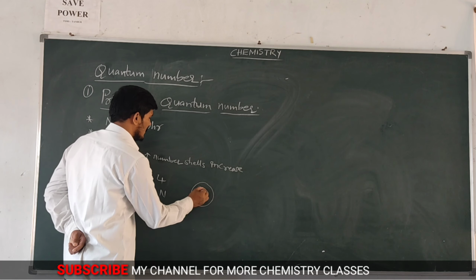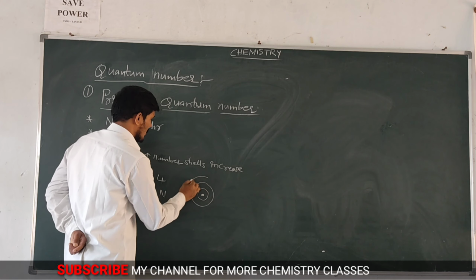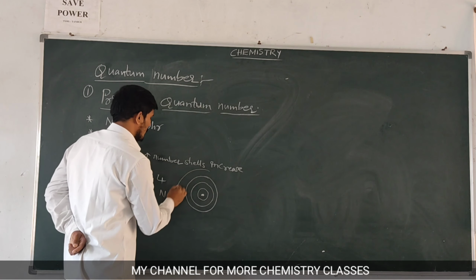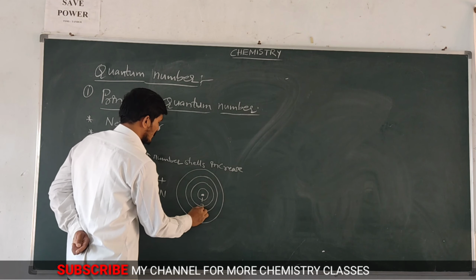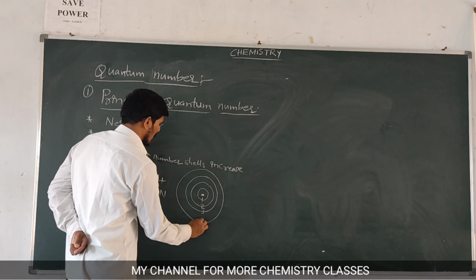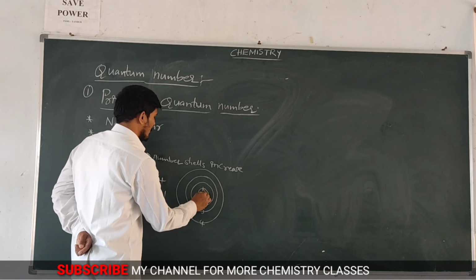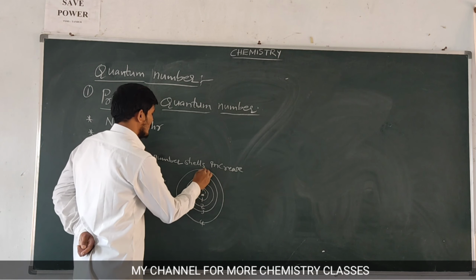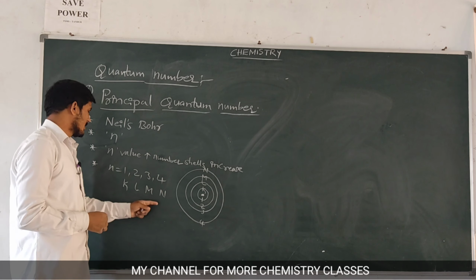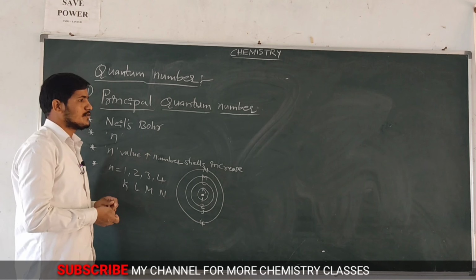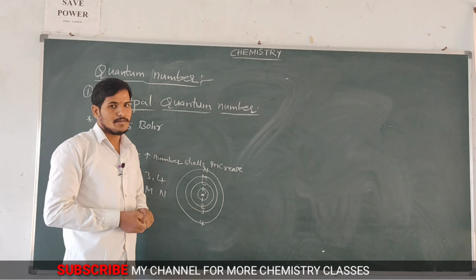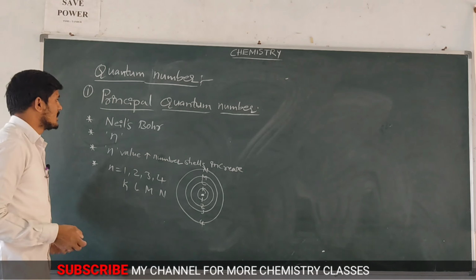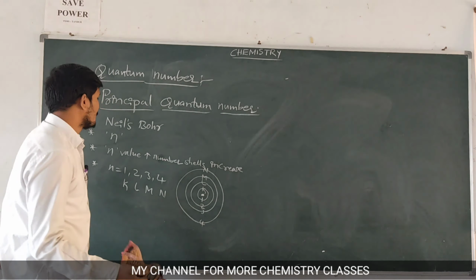This is the first shell, second shell, third shell, and fourth shell. These shells are indicated by 1, 2, 3, 4 or K, L, M, N. The principal quantum number gives information about the main shells present around the nucleus. This is the principal quantum number.